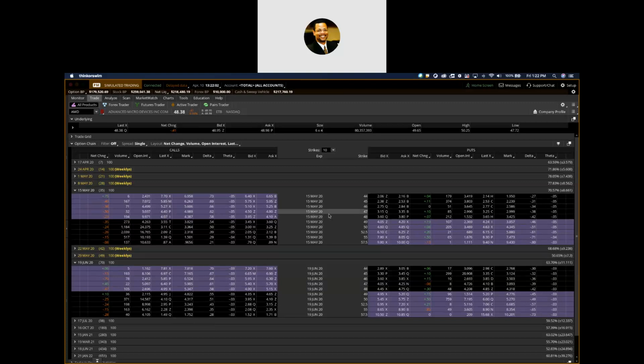However, I have to make up what I paid for it, which is that additional $4.10. So if I add those two together, my break even point is 52.10. That means it has to hit 52.10 just to zero me out, and everything above 52.10 will be my gravy.